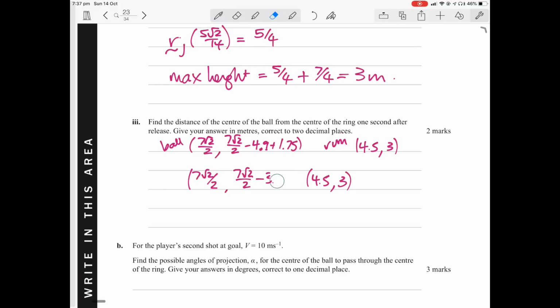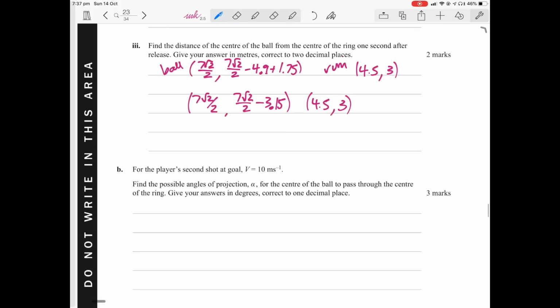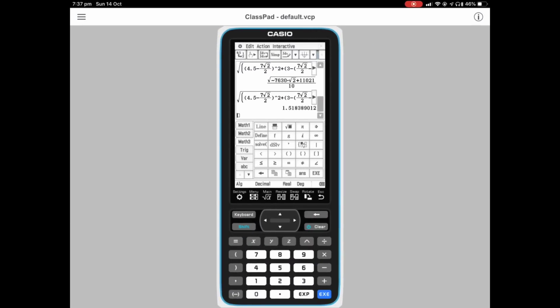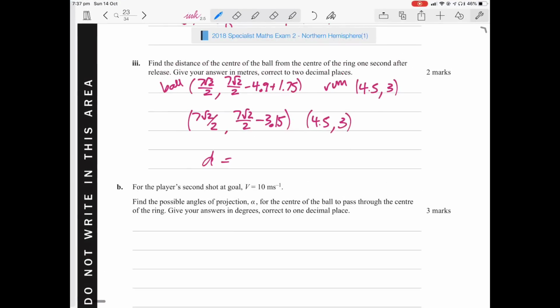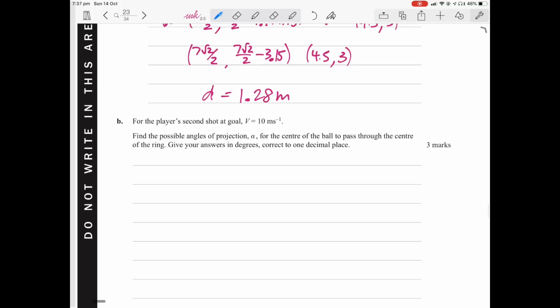Which means that's 3.15. So D is 1.28. How many decimal places? 2 decimal places. 1.28 meters.